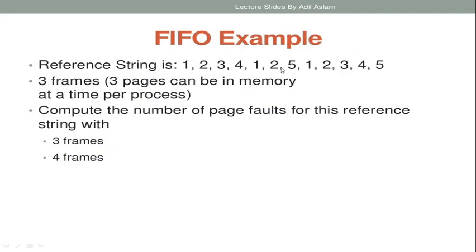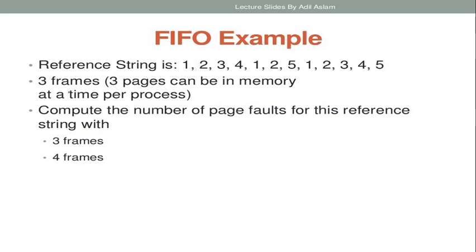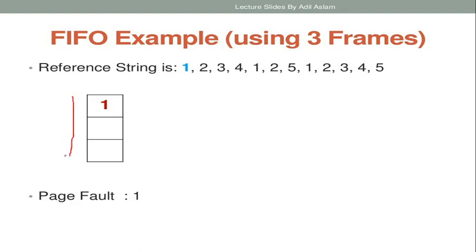Here in the FIFO algorithm, this will be our question. We will have three frames, so three pages can be in memory. Let's start with our example. Here our RAM is only 3 frames, so let's say 3 MB.